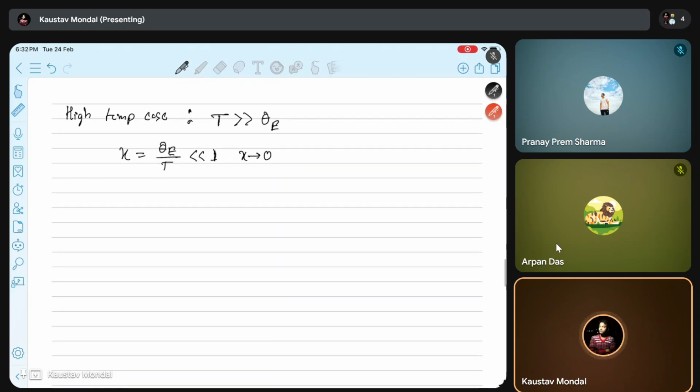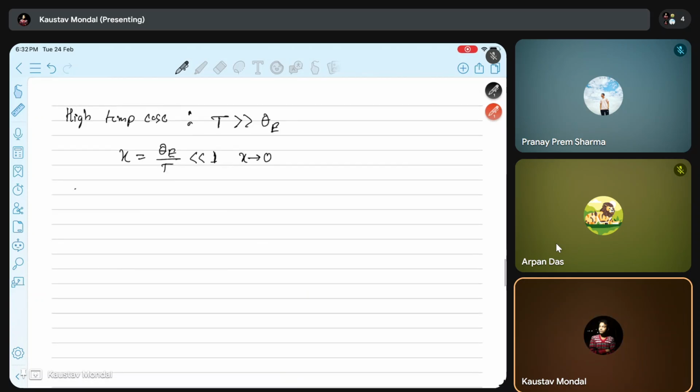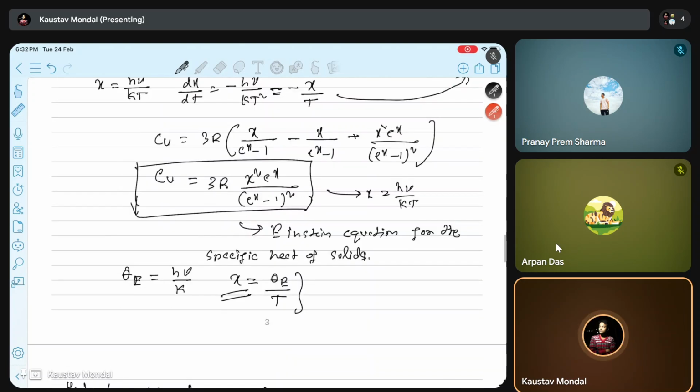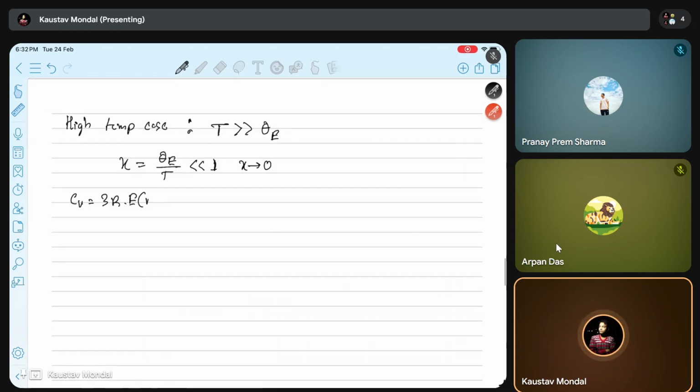So this was the expression. CV is basically 3R into, let's write this whole function as E(x), where E(x) is basically x square e to the power x by e to the power x minus 1 whole square.